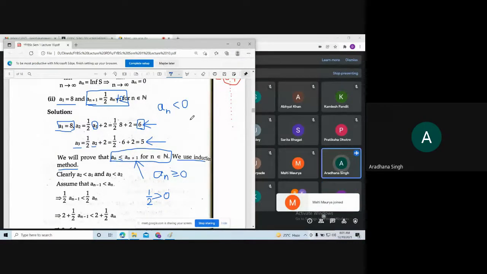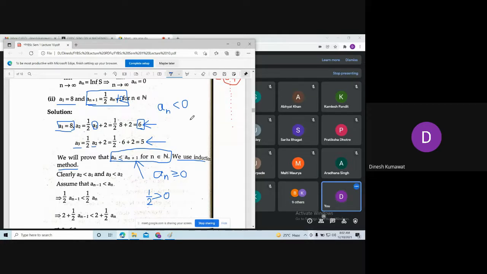Because it belongs to natural numbers. See, the suffix belonging to natural numbers doesn't mean that this sequence can't be negative. We want something else. Here you just need to observe the things.